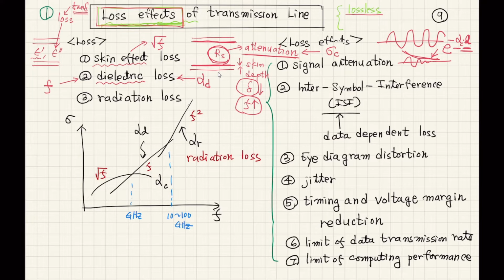So in the previous classes, we were assuming that this dielectric material is a perfect dielectric material, but actually it has a loss. Especially the loss is proportional to frequency. So if the frequency is becoming higher and higher, your transmission line will have higher dielectric loss.